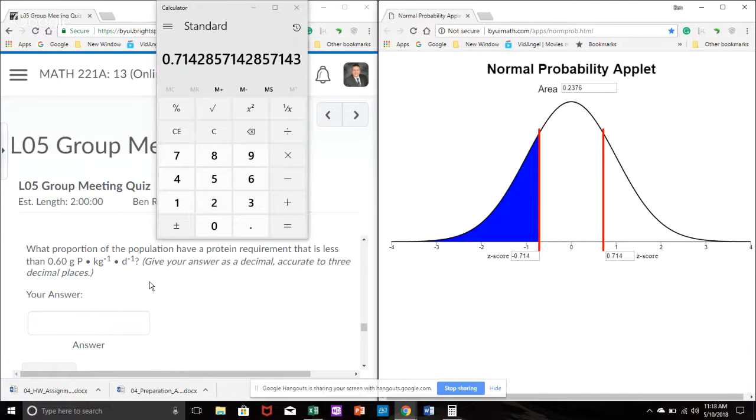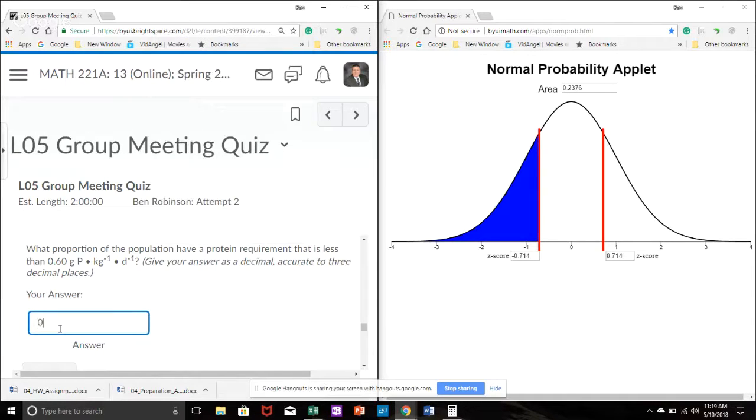So if you just take the 0.05 divided by the 0.07, it's 0.714 z-score. Oh, okay. That was easy. And then you can put that in there. And then you're just looking at those people that are under that amount. So that area is 0.238. All right, you got the right answer.